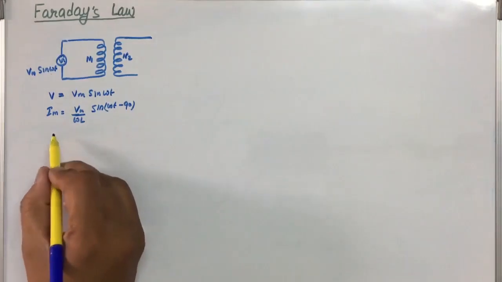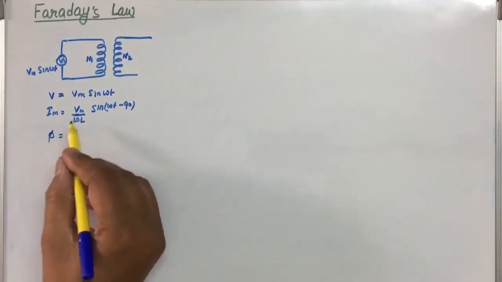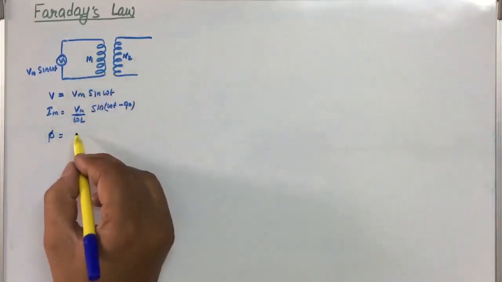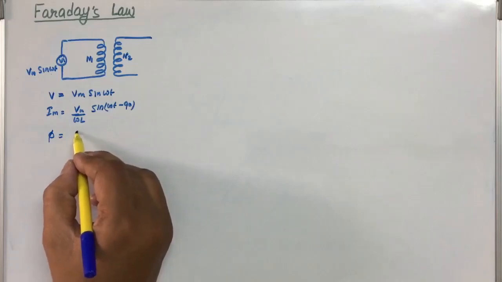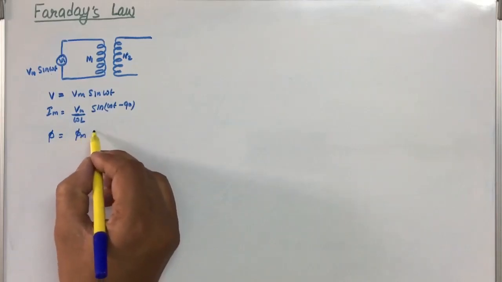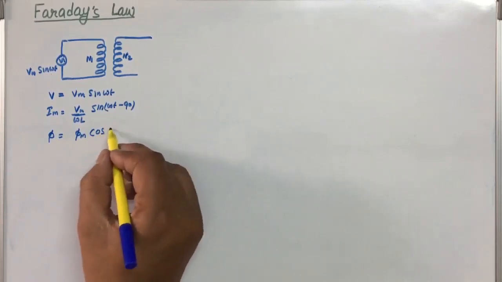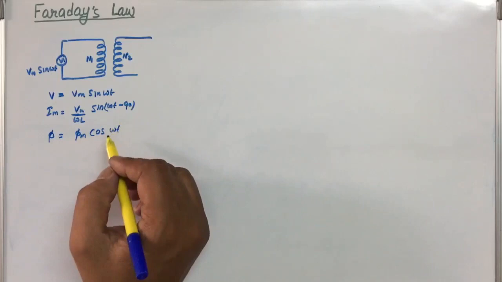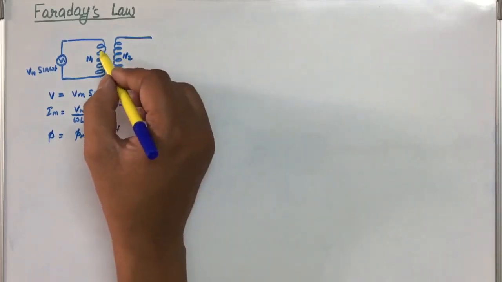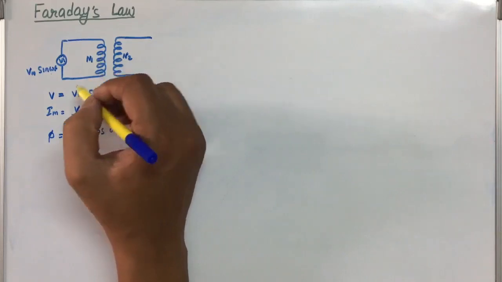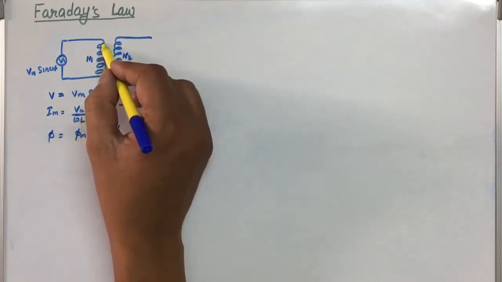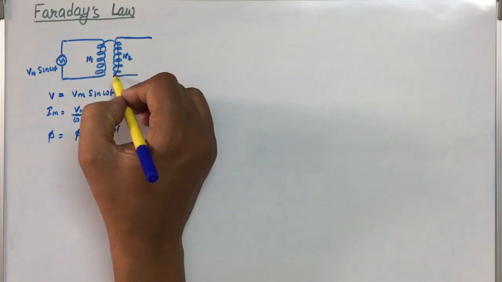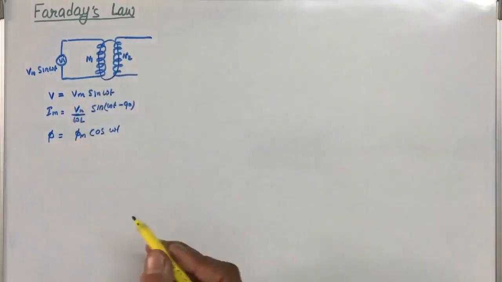And from here the flux can be written as the maximum value of the flux with cos omega t. So this flux links in both the windings. So if this is the flux due to this current in the primary, then this flux will link to the secondary of the transformer as well.